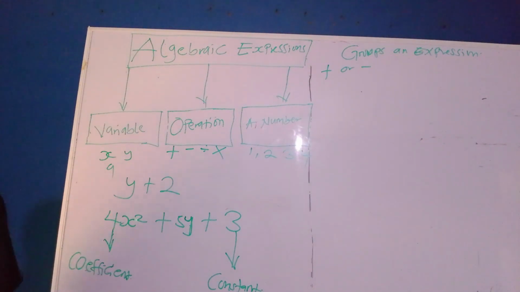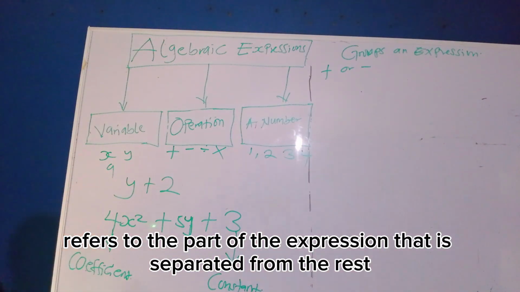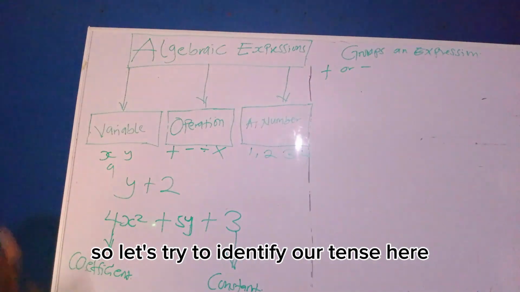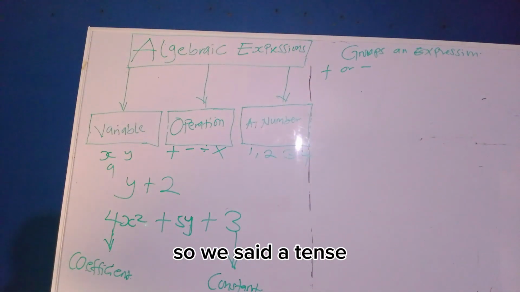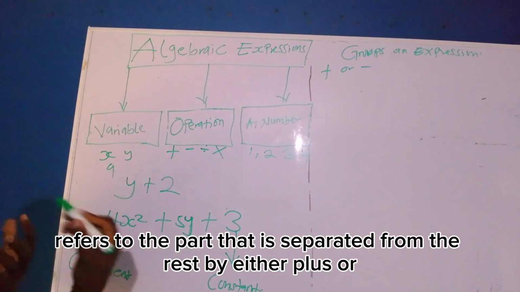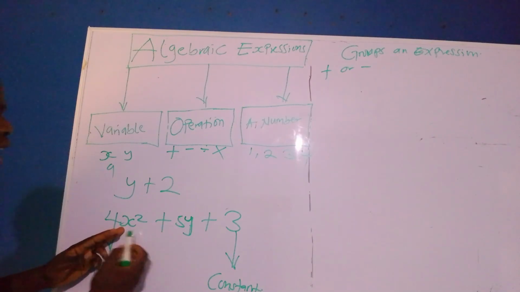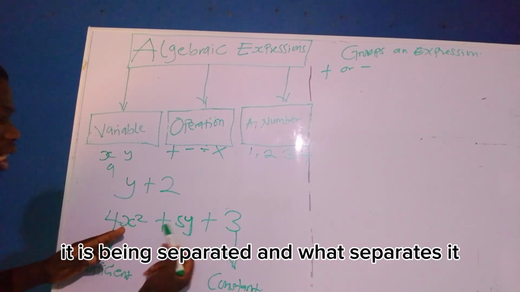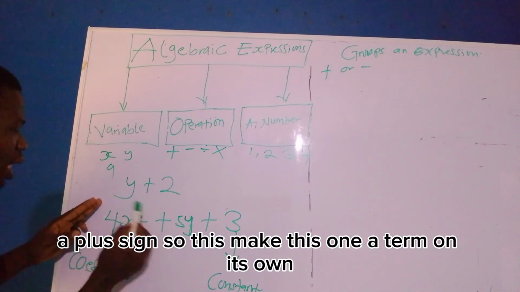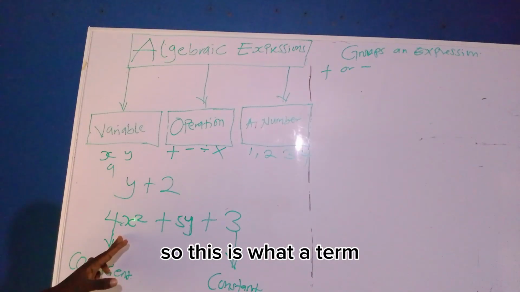So let's try to identify our terms here. 4x squared is not written together with the first y. It is being separated. And what separates it? A plus sign. So this makes this one a term on its own.